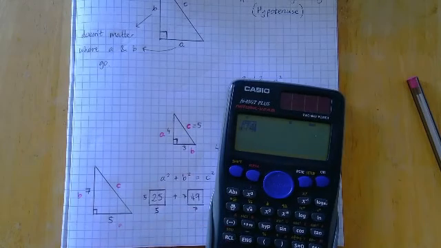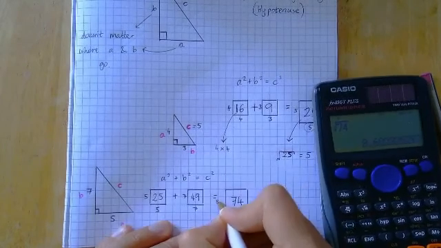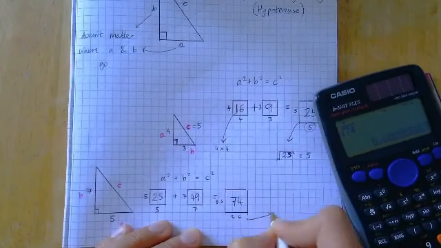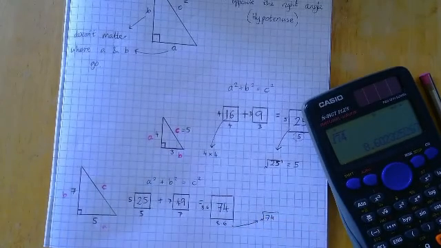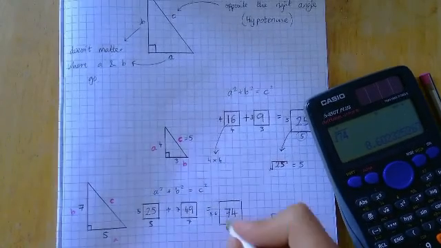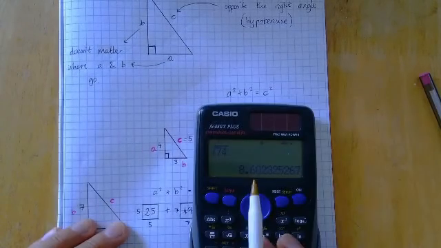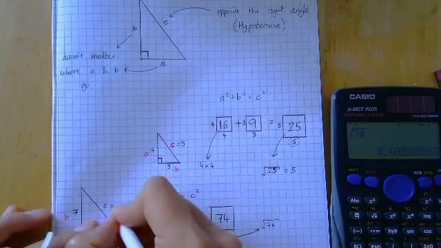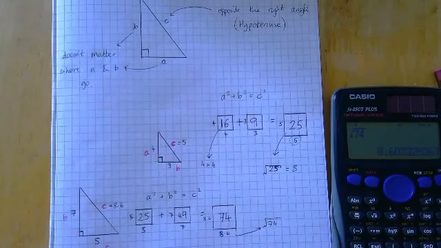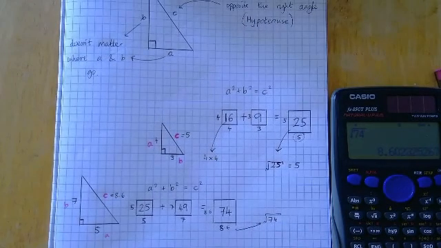And then, in order to get what goes on the edge, remember that I type in square root of 74, 8.6. So that tells me that 8.6 goes on the edge. And you'd probably write down in your exam that you did the square root of 74, and that's given us 8.6. Okay, so I just rounded it. It was a long decimal, but I've rounded it to 1 decimal place. So then we can write that C equals 8.6.